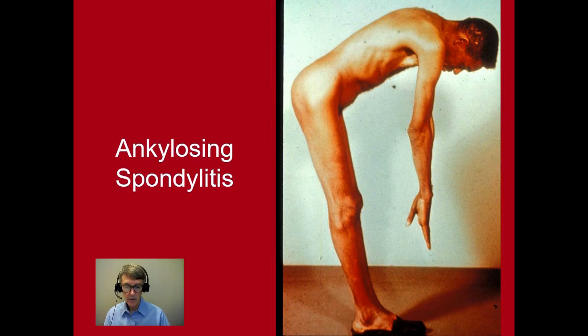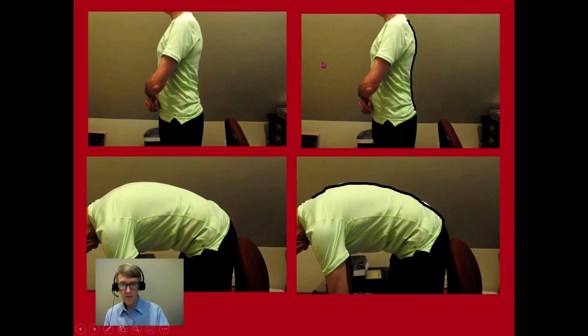Now I'm going to talk a little bit about what we see clinically in ankylosing spondylitis. In this picture, one sees this gentleman reaching for the floor. He cannot reach the floor. That's as close as he can get. And if you look at his spine, you'll see that there's the normal dorsal kyphosis, and then he doesn't lose his lumbar lordosis as he reaches for the floor. And this is different than normal, and this is just an example of normal.